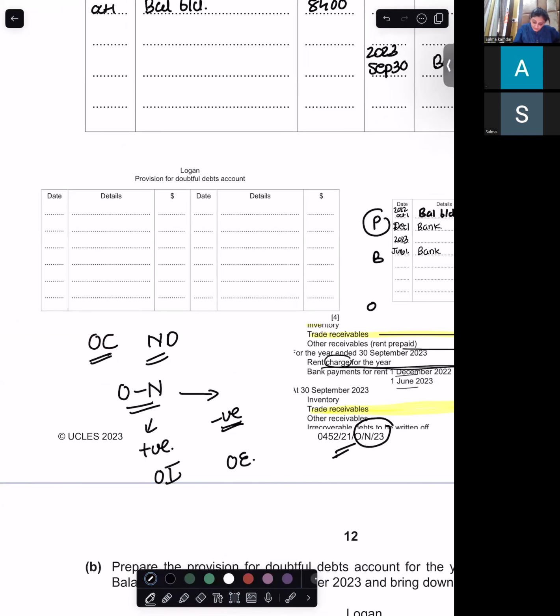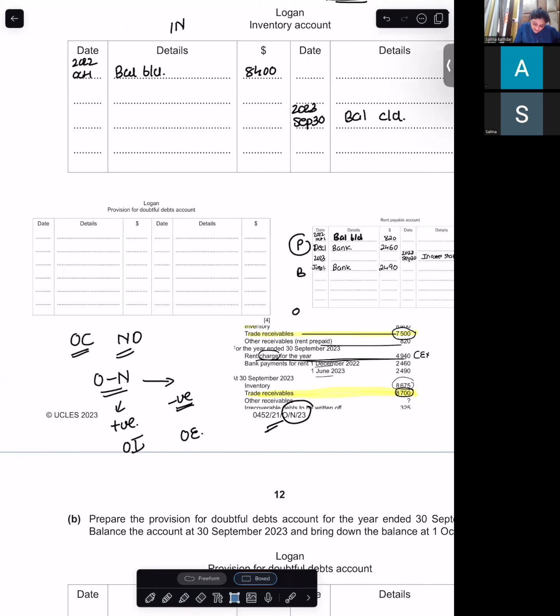Old provisions on the first date. The first date is October 1, 2022. I will write my balance brought down. Old provisions on the credit side, so it would be 7,500 into 4%.